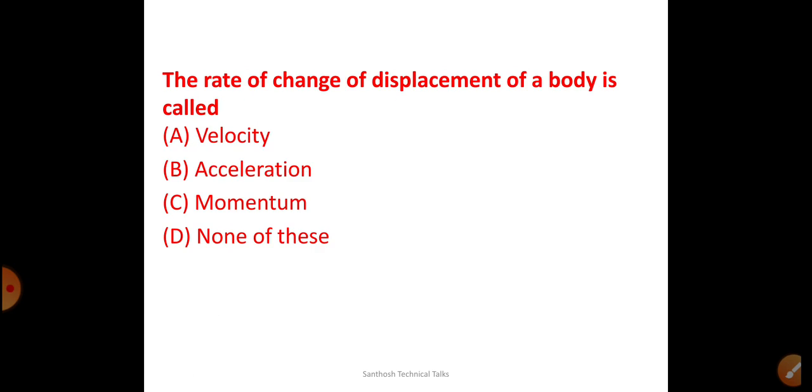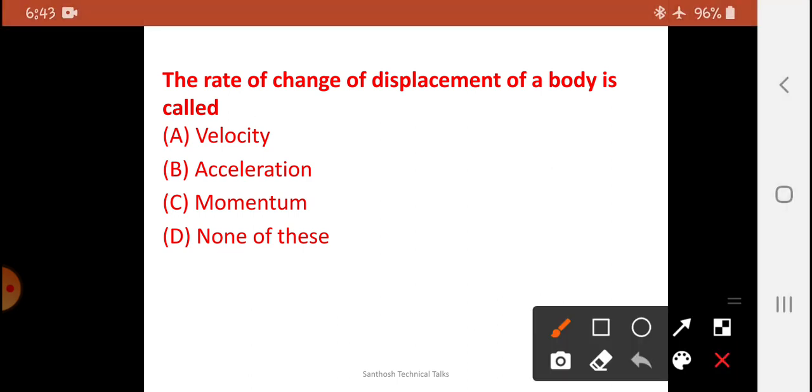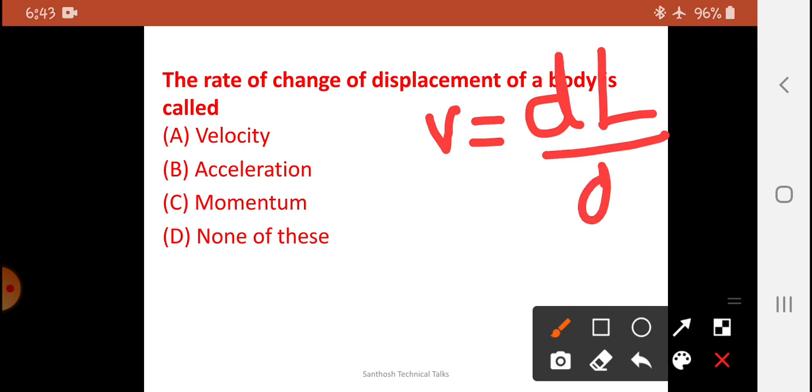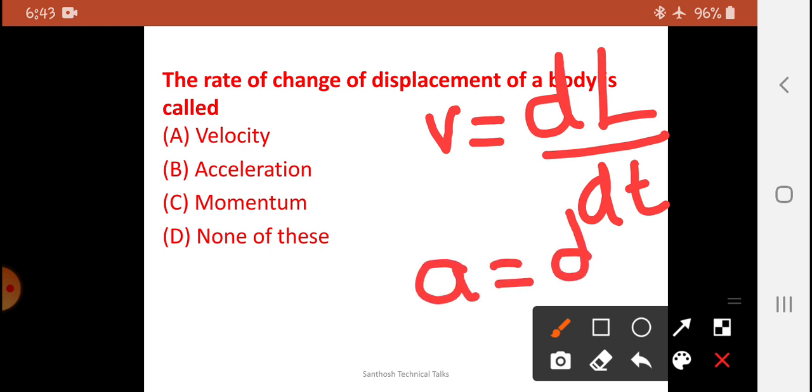The rate of change of displacement of a body is called. Let me explain the three things. If the velocity is there, rate of change of displacement, so dl by dt. So velocity is the rate of change of displacement with respect to time, whereas acceleration is the rate of change of velocity with time.